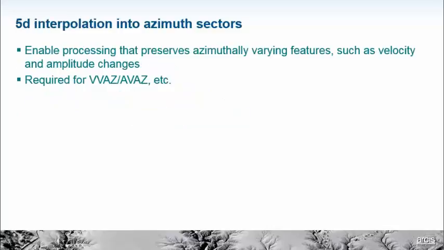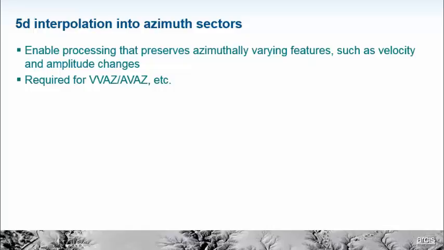So, okay. I'm talking now for the next few minutes about very careful azimuth preserving processing. And really the workhorse behind this azimuth preserving processing is 5D interpolation. 5D interpolation, when you cast the data onto well-sampled azimuth sectors, basically enables processing that preserves azimuthally varying features.